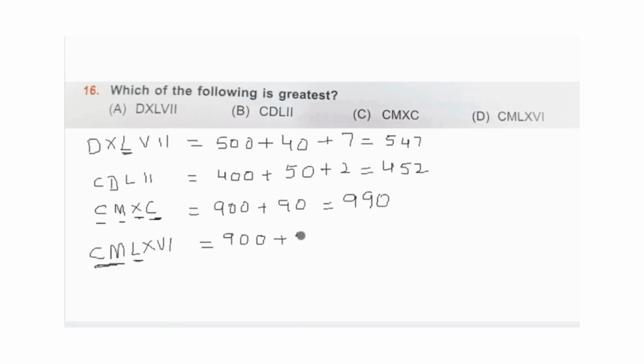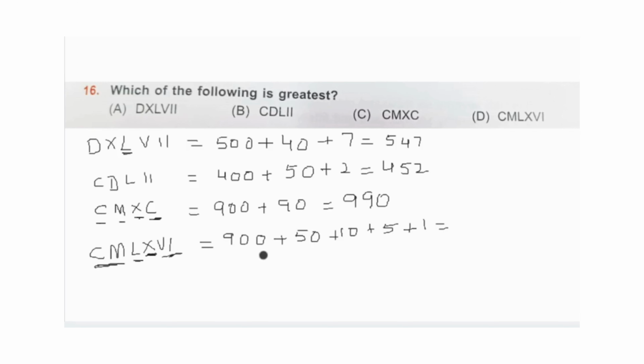Let's write 50, plus we have 10, which is X. So let's write 10, and then we have 5, which is V, plus we have 1, which is here. Or you can totally write this as 6, either way.